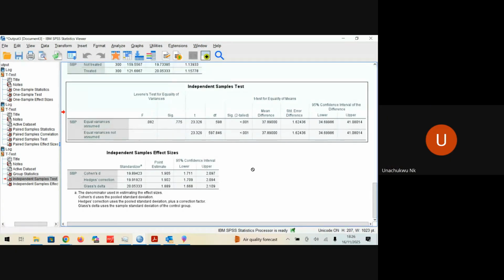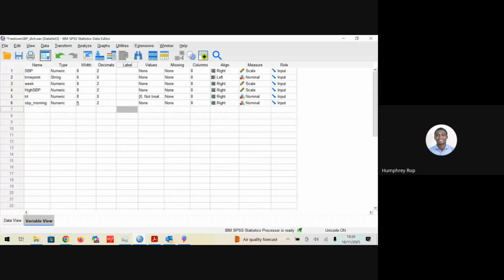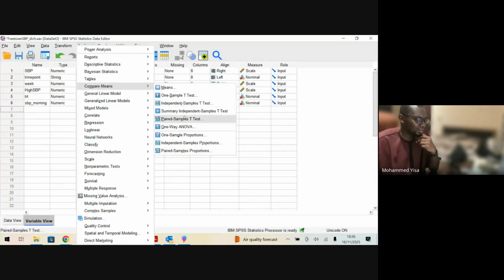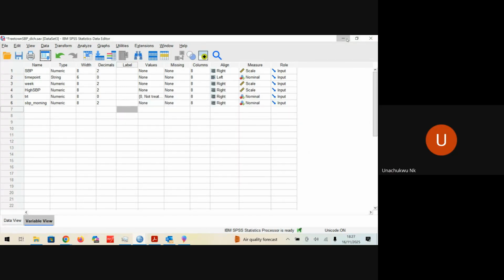Where is the small box? I think it's not present in your SPSS 25. It is present in SPSS 27 and above. It may be somewhere else in your own, maybe under options, to estimate effect sizes.